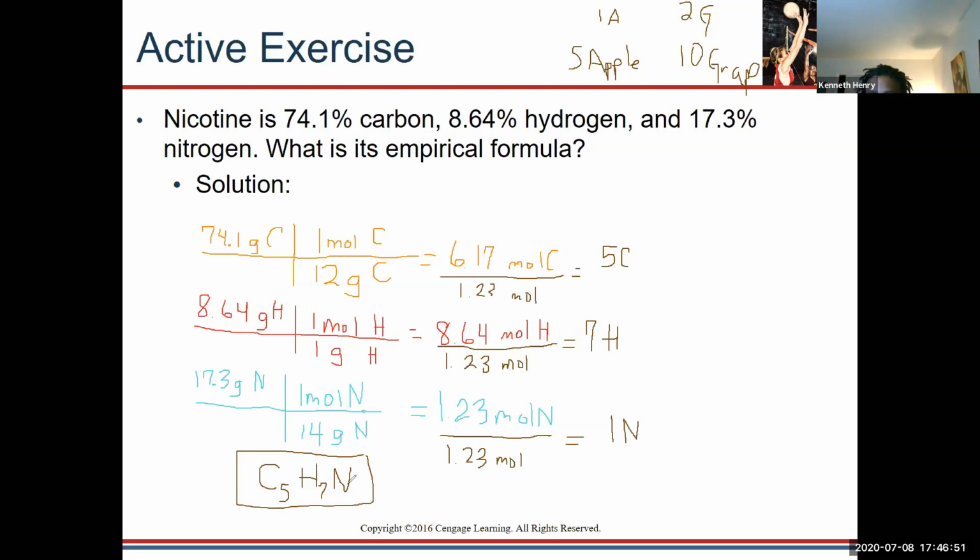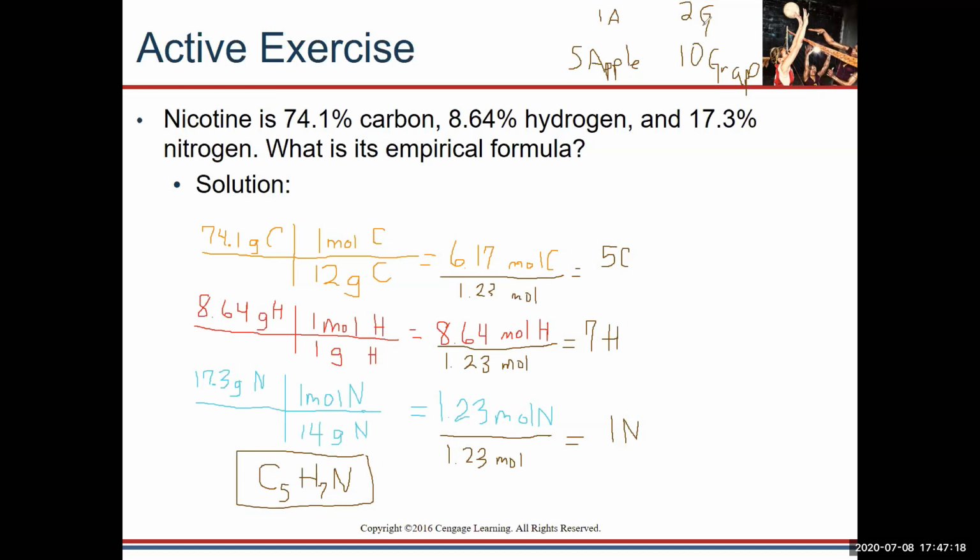For every 1 nitrogen, I'm going to have 7 hydrogen. The simplest form of the chemical, that's called your empirical formula. So by dividing by the smallest number, we make that one 1, and then everything is proportional to that 1. That's the same as saying, for every 1 apple, how many grapes do I have? So I use the smallest one.